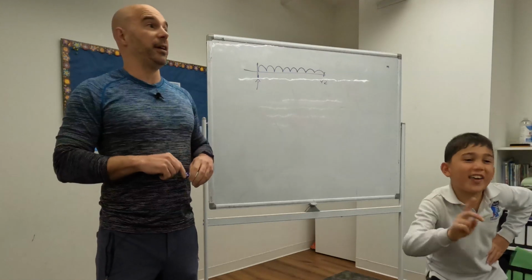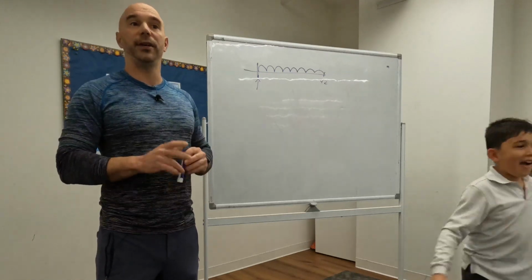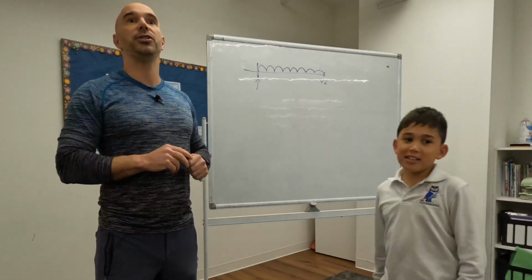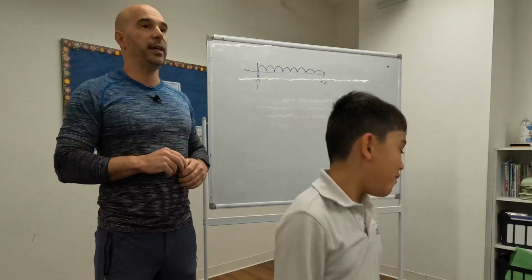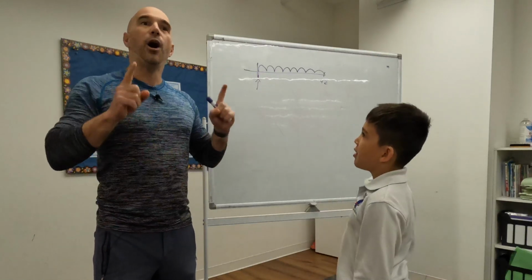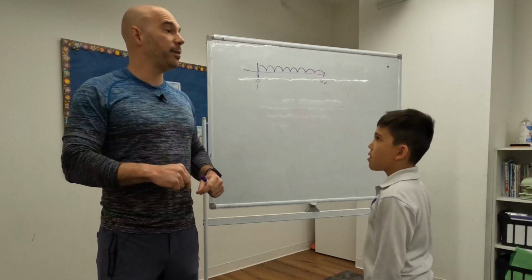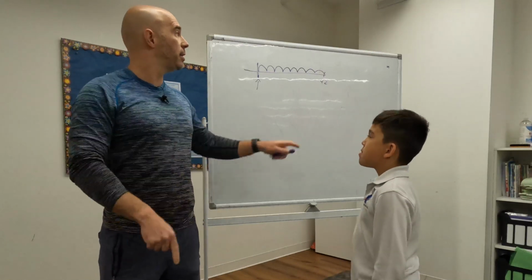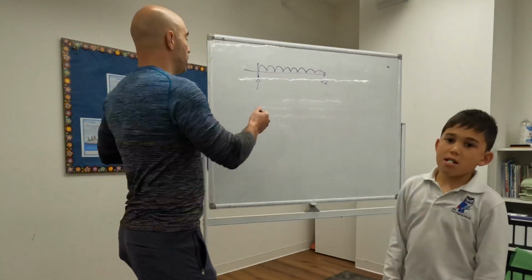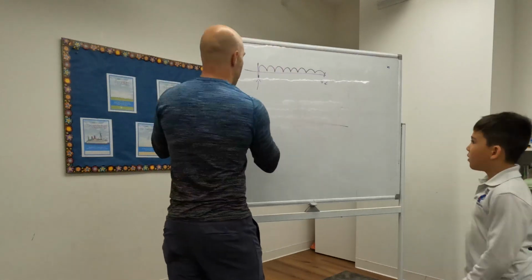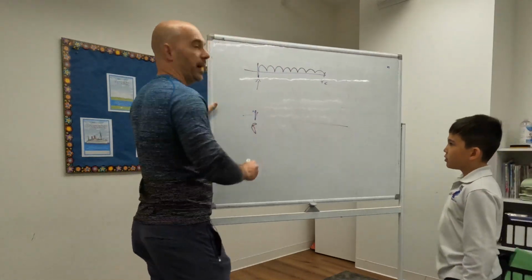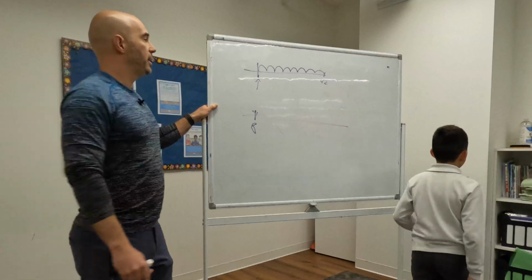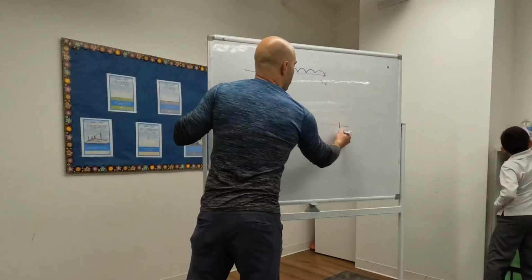What's another way to think about it? Another way to think about it is to ask, how many years from now will Ethan be 42? So we would say, here's Ethan right now at age 8. That's Ethan's age now. Here's my age at 42.